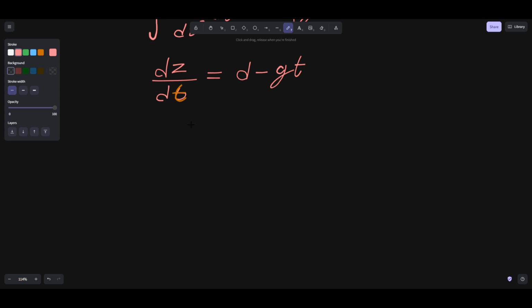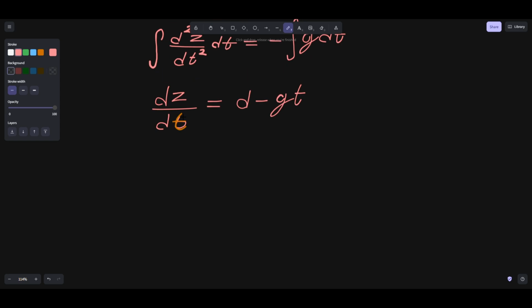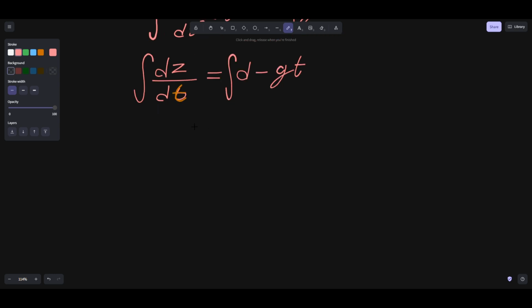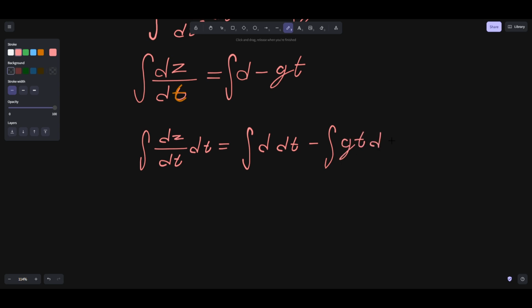Now we need to integrate again, of course. And what happens is on the inside we have two integrals. Minus integral g t dt.